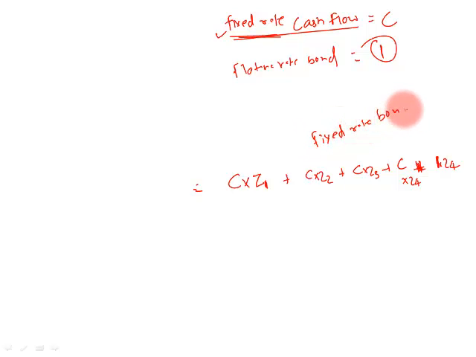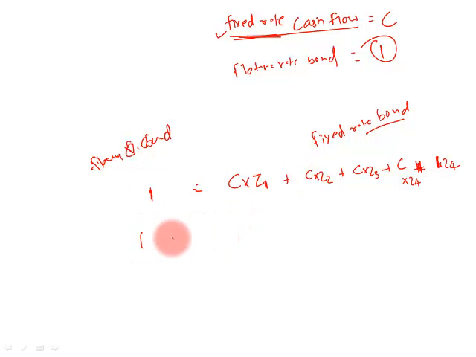And we know that this value should be equal to floating coupon bond. And what we also know is that floating coupon bond at time 0 will trade at its face value, which is 1. So 1 is equal to this equation, 4 coupons multiplied with their respective discount factors and the last discount factor.